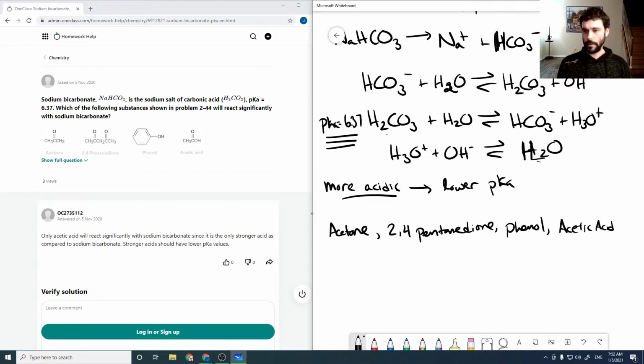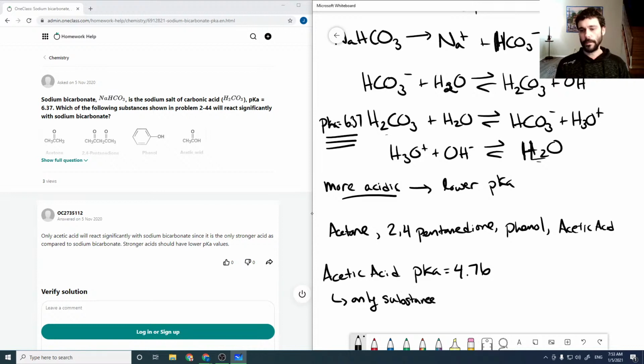And if anyone's ever mixed vinegar with baking soda, I'm sure we already know the answer to this. Acetic acid has a pKa of 4.76, and the others are much higher. So this will be the only substance to react significantly.